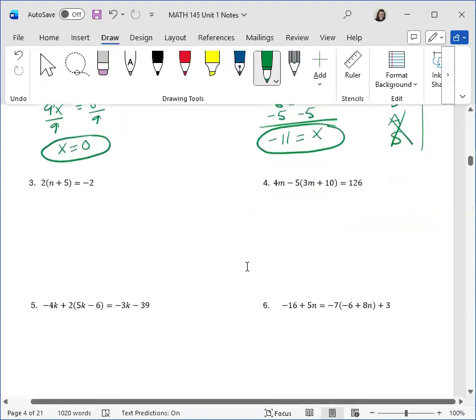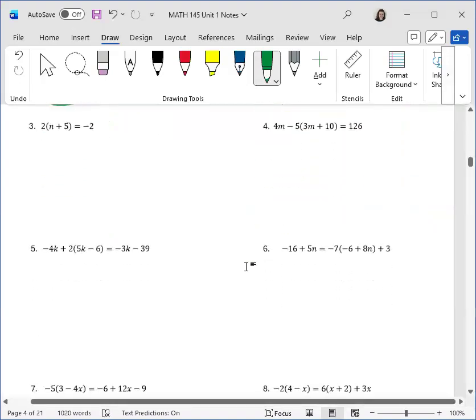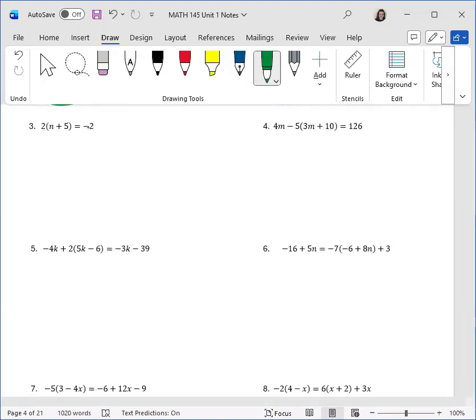All right, looking at the next example, it does have parentheses. I could divide both sides by 2 here. I typically distribute the number through to the parentheses. Either way, you would get the same exact solution. It does not matter what order you do those in, but I do like to just get rid of the parentheses right away.